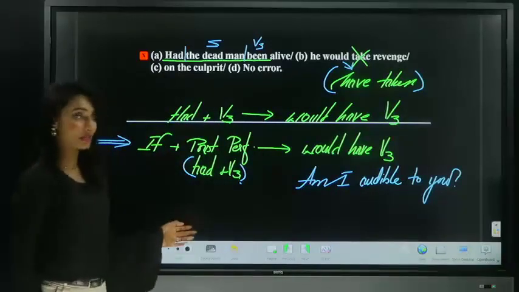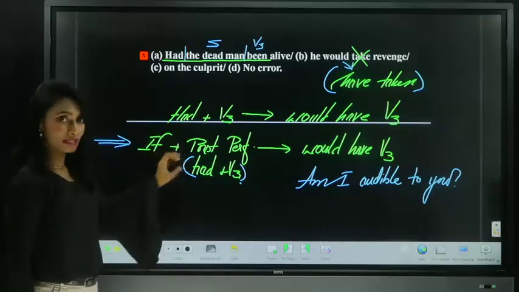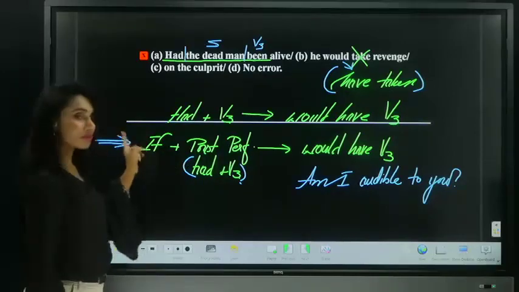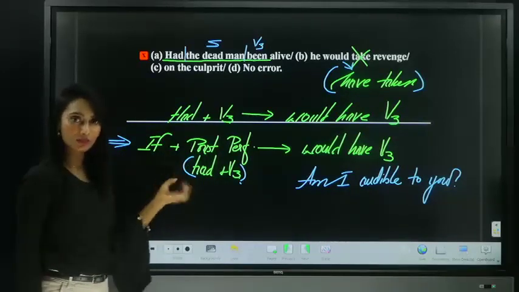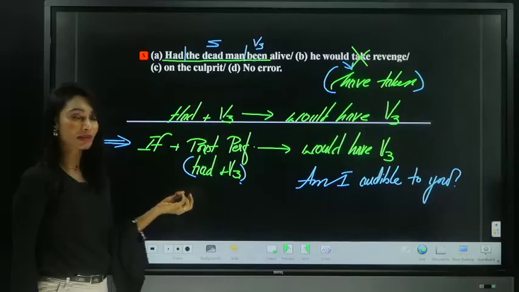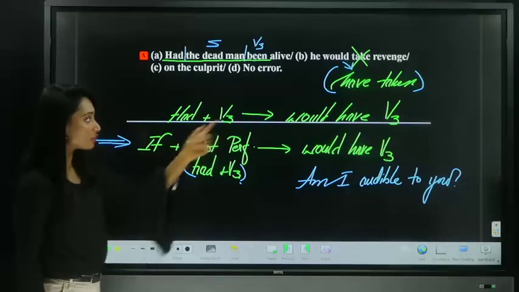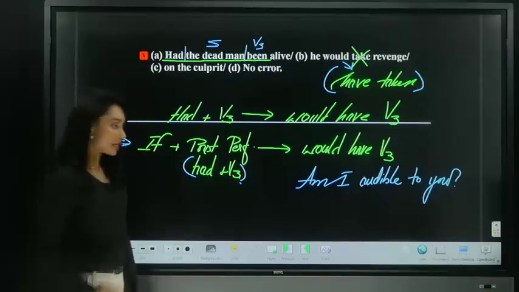That is the object. So guys, I hope it is clear now. First remember, we will be discussing this pretty soon. However, it is not completed, but well done, Angela. You have done well. It should be would have plus V3. Now let's see the next sentence.